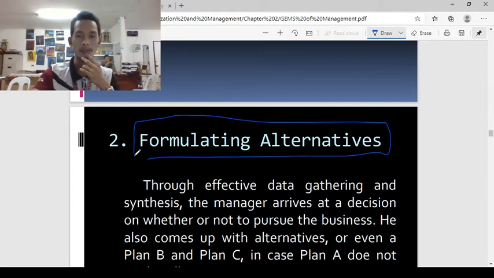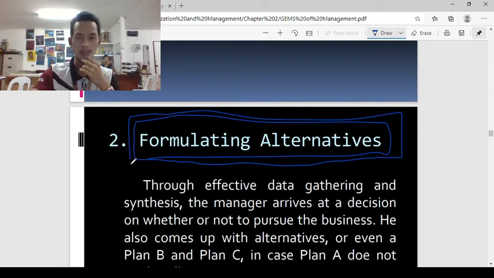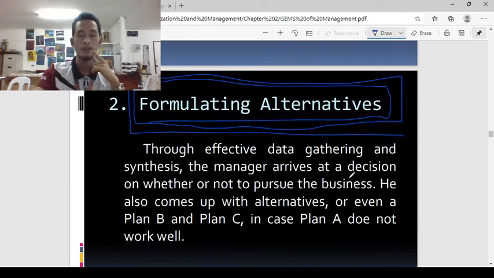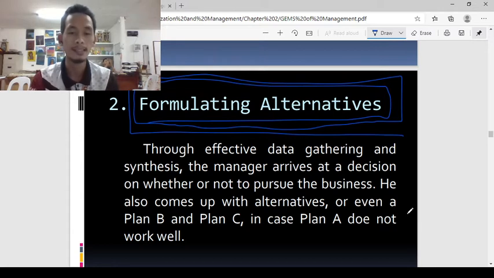So, dili pa jud final nga mamaligya siya og mais. So, the next step in the GEMS of management, di ba, especially in goal setting, is to formulate alternatives. Through effective data gathering and synthesis, the manager arrives at a decision on whether or not to pursue the business.